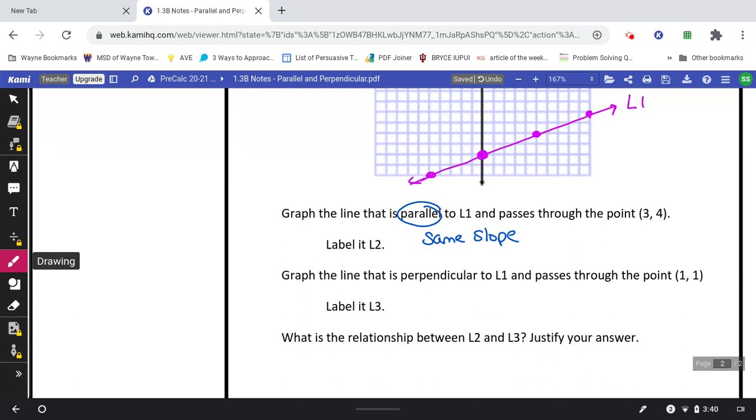Okay, so the next part, graph the line that is perpendicular. Perpendicular, we have to do the opposite reciprocal slope. So we were working with 2/5, but we're going to change it over. Think about what the opposite reciprocal of 2/5 would be. -5/2. All right, so we're going to plot our point 1, 1.